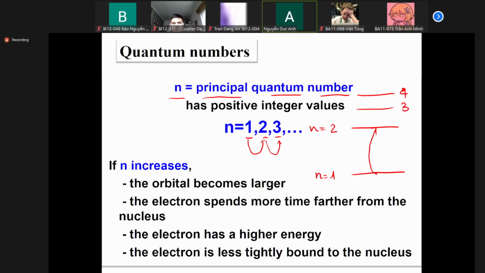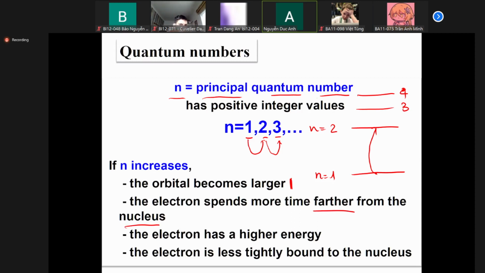And I said to you before, a higher energy state means that the electron can move around the nucleus at a longer distance from the nucleus. So normally the conclusion is that if the quantum number increases, the orbital becomes larger, or we can say that the electron can stay farther from the nucleus.